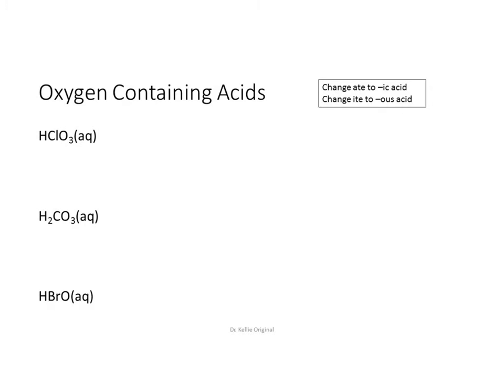All right, oxygen-containing acids. For oxygen-containing acids, we're going to change ate to ic, ite to us. So let me put up dueling examples here. I have this compound right here, and I'm going to draw a related compound for you.